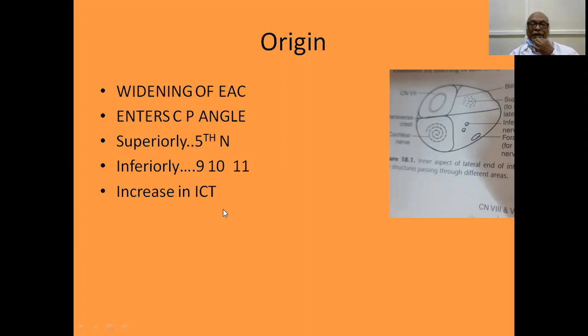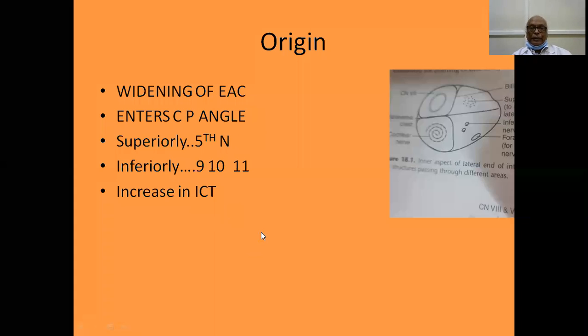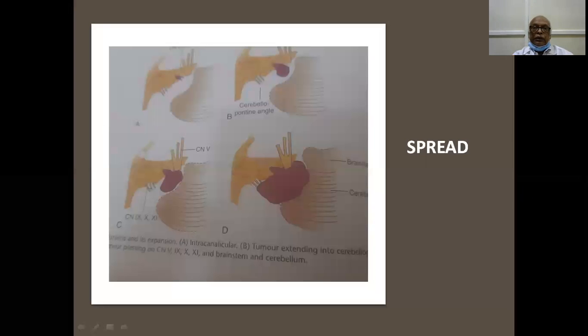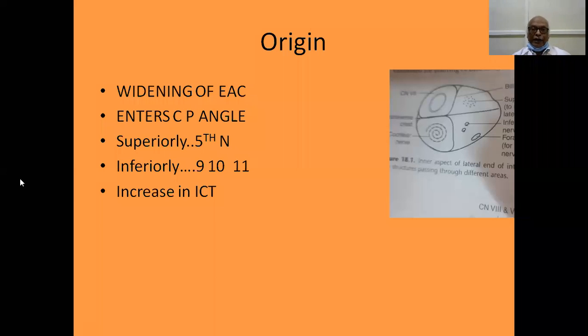Now, if the tumor increases in size, especially superiorly, it encroaches on the fifth nerve. The fifth nerve is at the apex of the petrous pyramid, whereas the internal acoustic meatus is on the posterior surface of the petrous pyramid, just a few millimeters from the apex.